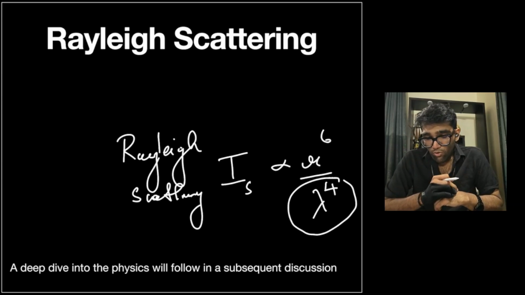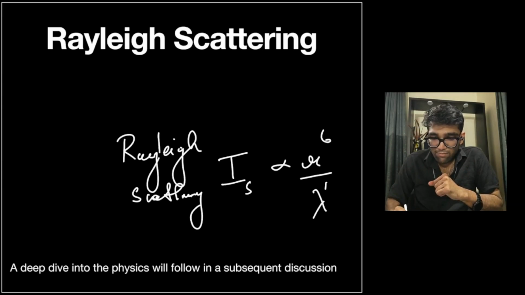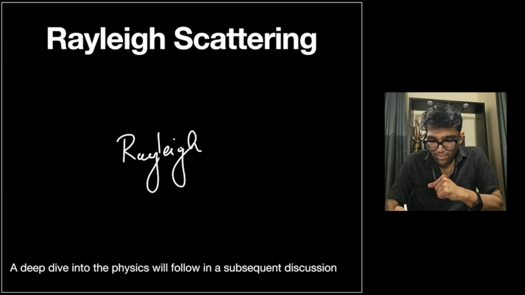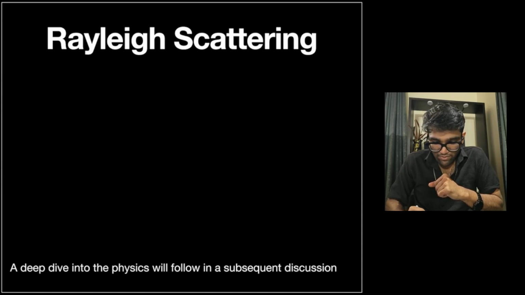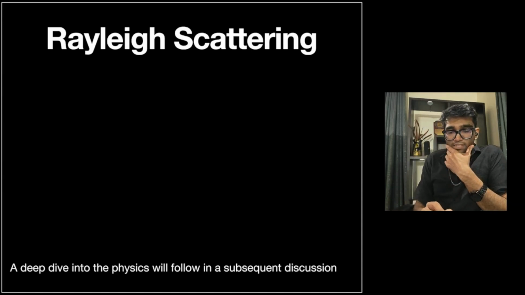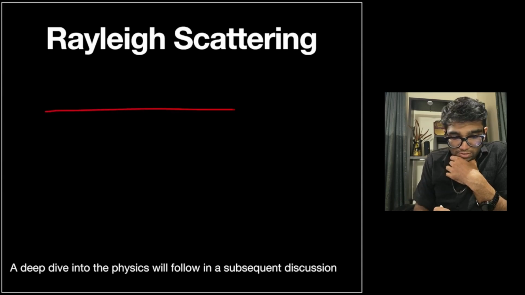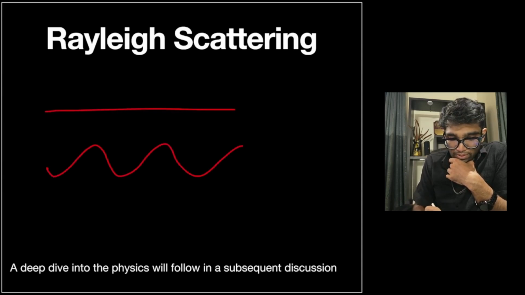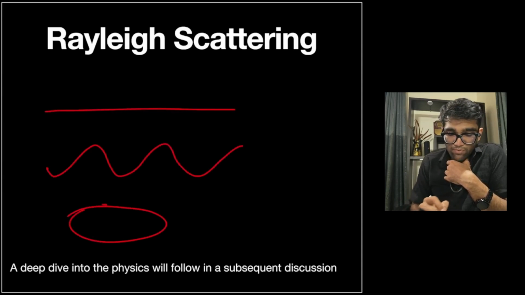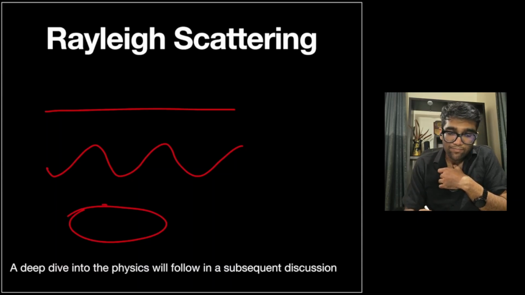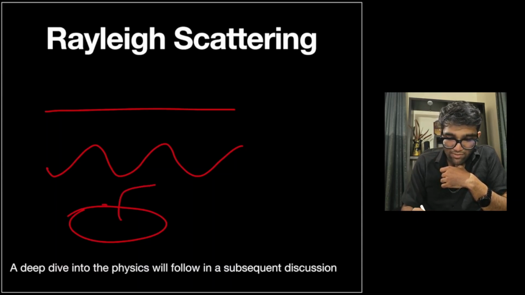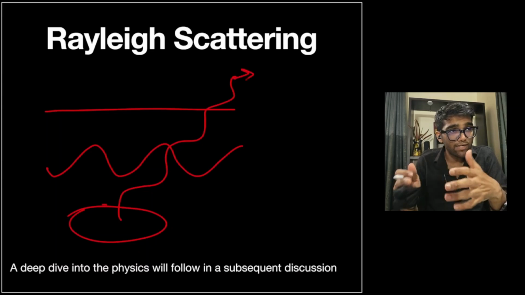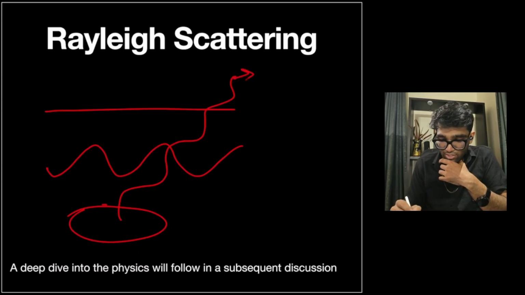Okay, so now what happens with erythematous lesions is, say you have, like in our previous scenario, a lesion that is rather deep in the dermis. It's somewhere here in the dermis. Now even though the lesion is red in color, it will have red wavelengths coming out. Light will be incident on it, and then get reflected from the lesion, and there will be some blue wavelengths coming out.